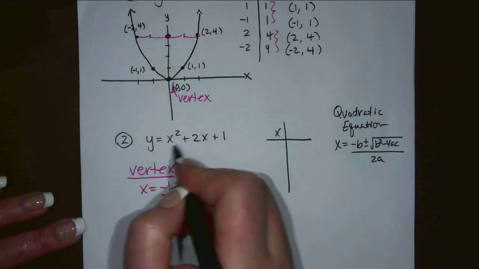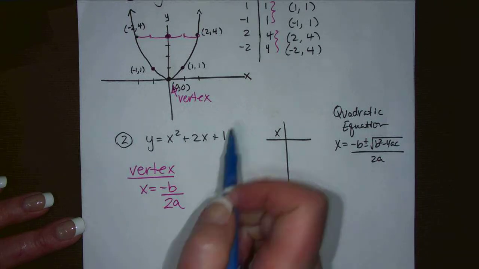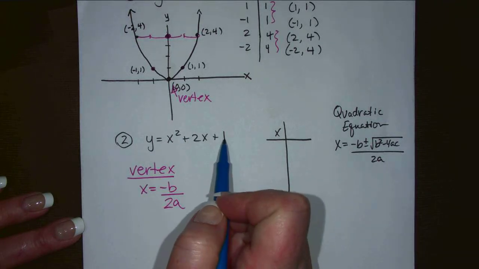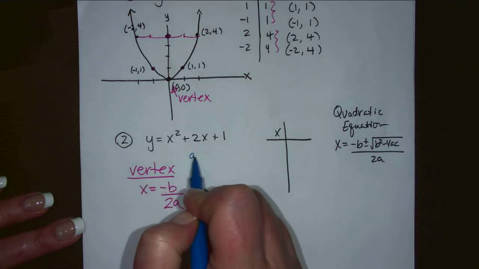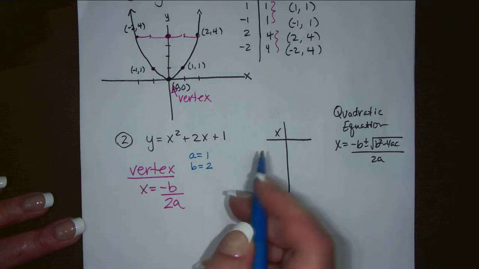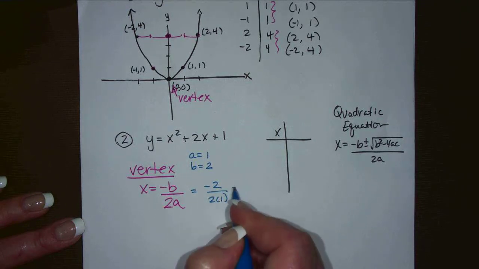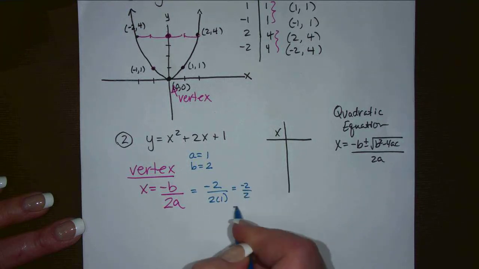So in this case, what is a and b? The c doesn't matter to the vertex, just the a, which in this case would be 1 in front of the x squared. The b is 2. So if we plug that in, minus 2 over 2 times 1, we get negative 1.